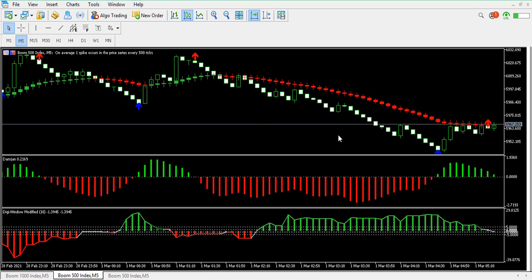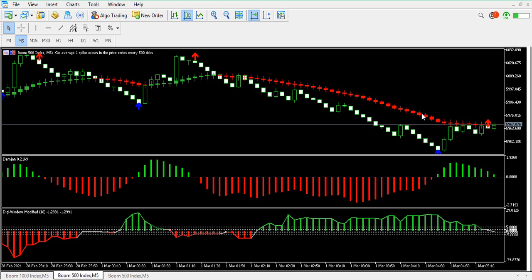Of course, we are going to wait until we have red on the second part of this line. Whenever we have red at the second part of this line and the candle formation is okay, that is the best time to enter the market.